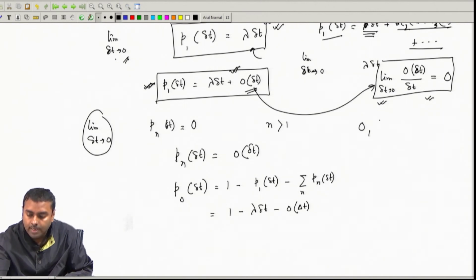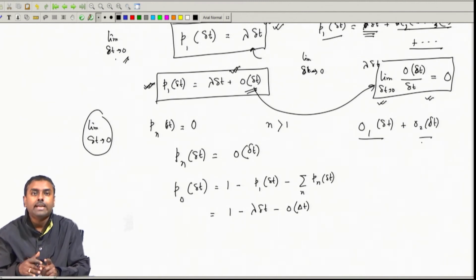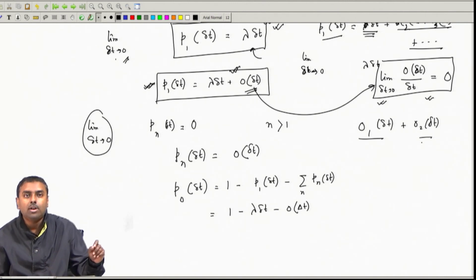Let us say some O1 delta t and O2 delta t we sum. They are polynomials of second order and higher, and only their coefficients will differ.